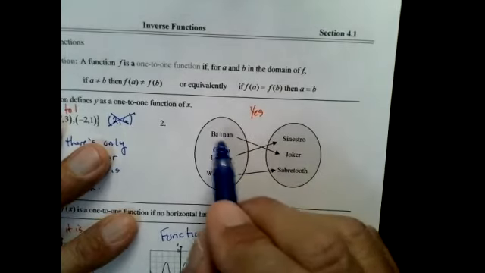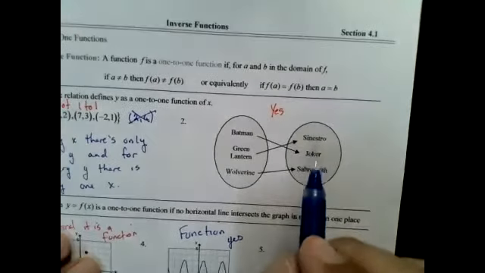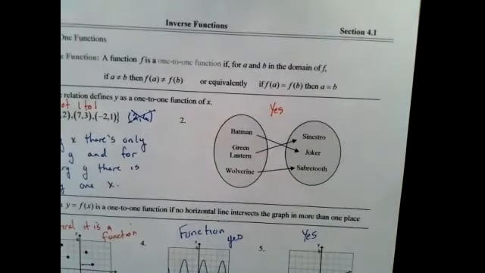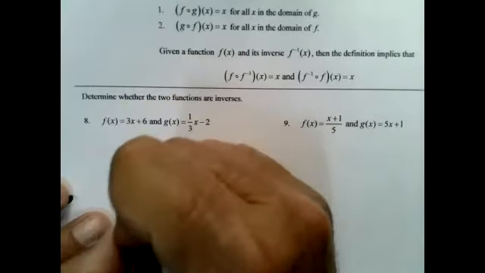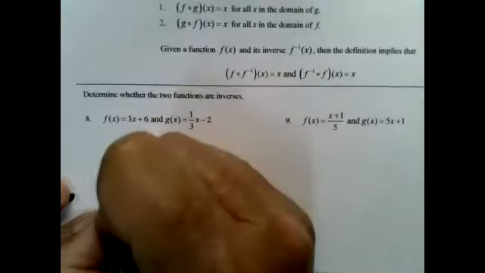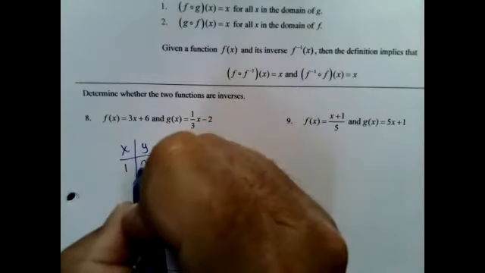So there's a function that gets me over here, but now an inverse function is one that would get me back. So if I take a look at this very first one and I pick the value like 1, 3 times 1 is 3 plus 6 is 9.